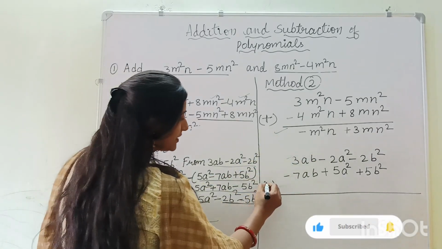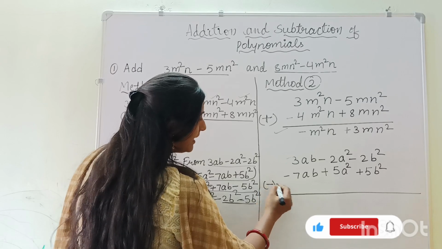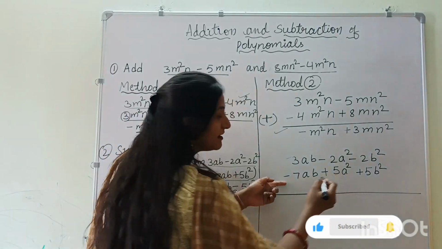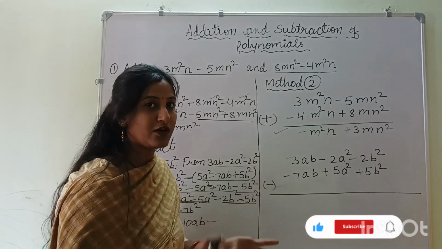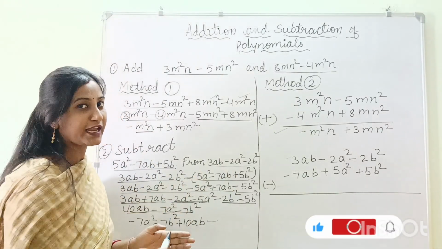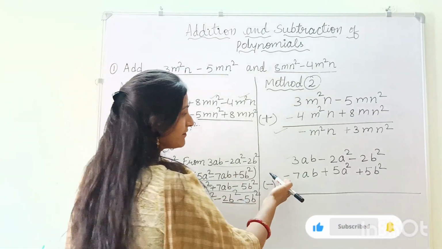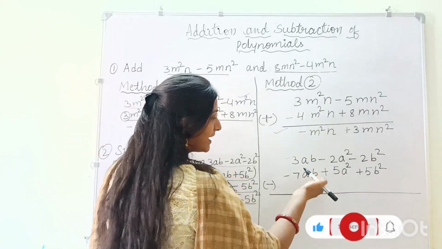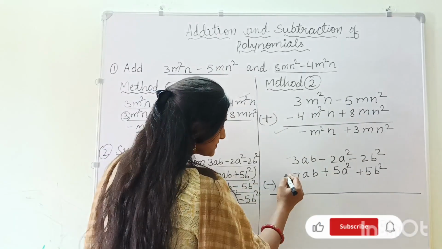Then you have to assign your minus sign, and for the next expression change all the signs. As we were opening the bracket and saw all the signs were changing, here also we have to change all the signs for the next expression.